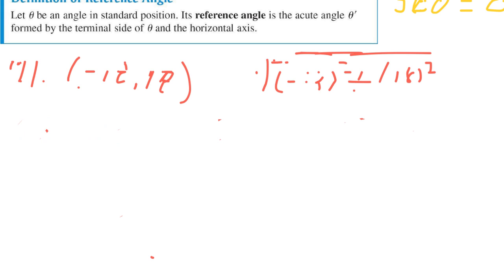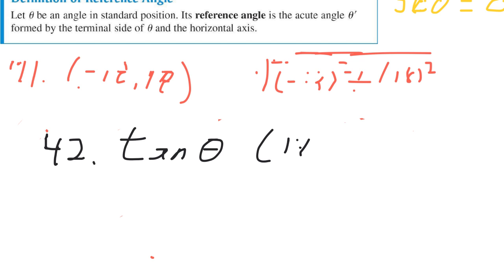So let's go look at 42. For 42, they want tangent of theta if you're given the point 14, 17.